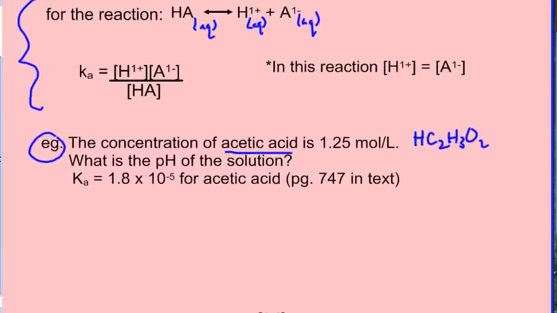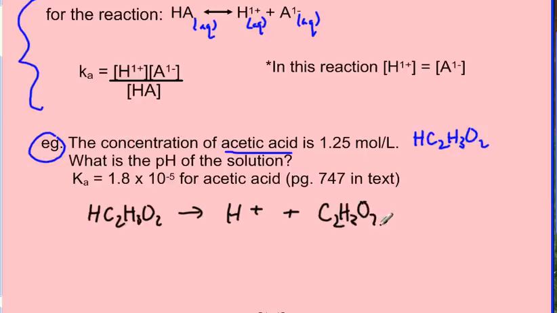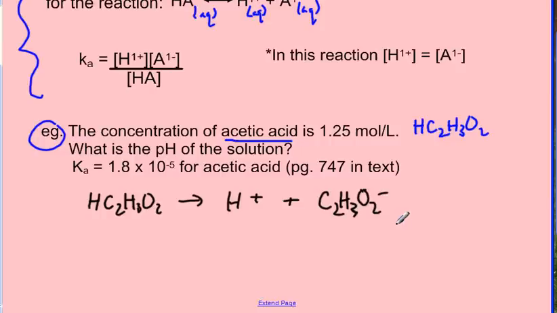So what we want to do for this type of question, since acetic acid is a weak acid, is set up an equilibrium expression. So we've got acetic acid dissolving to make H plus and acetate. And we're going to make an ICE table, of course, because that's what we do.